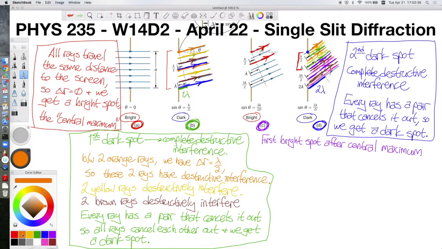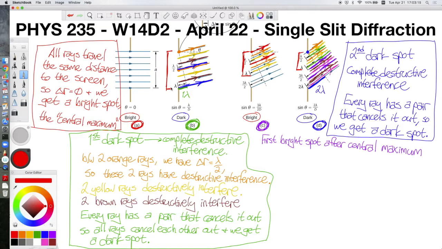And this ray right here in orange will cancel out with this ray here in orange. And this ray here in yellow will cancel out with this ray here in yellow. So that means everything from the very top of the slit all the way down to here, all of this cancels out.